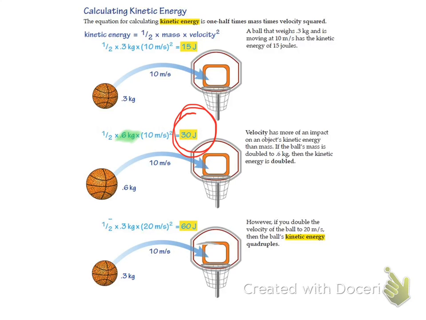Okay? Now down here, let's double the velocity. So instead of 10 meters per second, we get 20 meters per second. And instead of 15 joules, then we have how many? We have 60. So what happens to the energy when we double velocity?